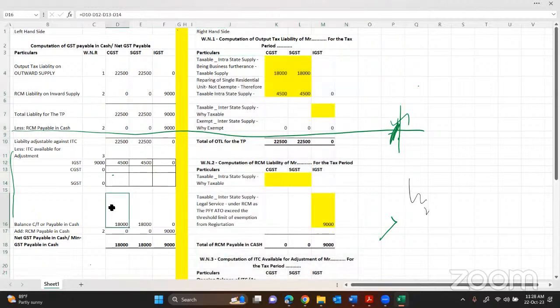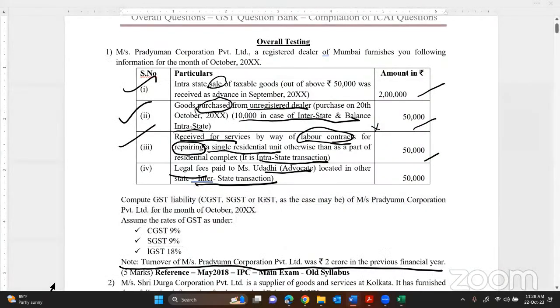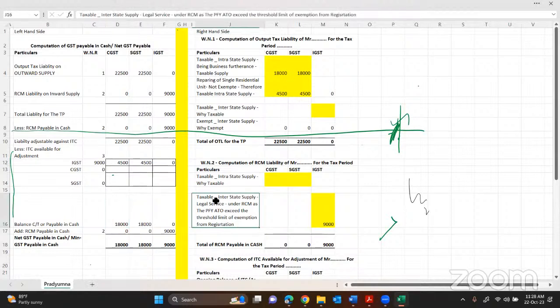Are you comfortable with the Pradyumna Limited sum? Can we now try to solve the same for Himanshu? My dear brothers and sisters, are you comfortable?